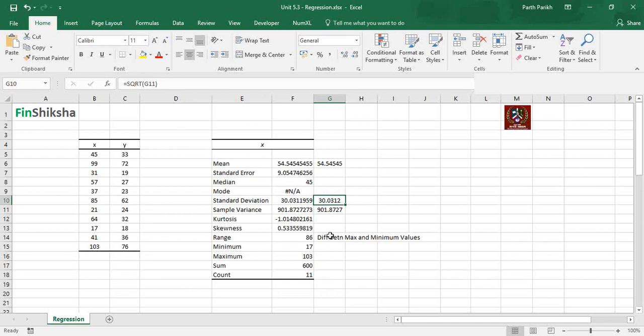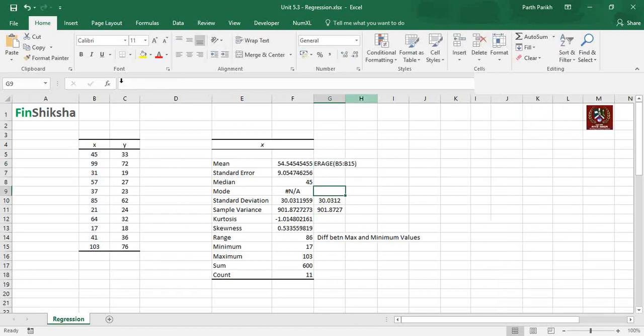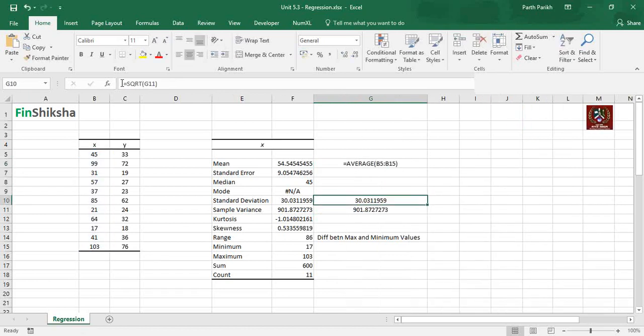I will put in a formula so that you can have a look. Average, square root, and variance. Okay, standard error is the error of the distribution. I'm not getting into too much detail on the standard error, but it is one of the measures in statistics which we will see when we are doing regression.